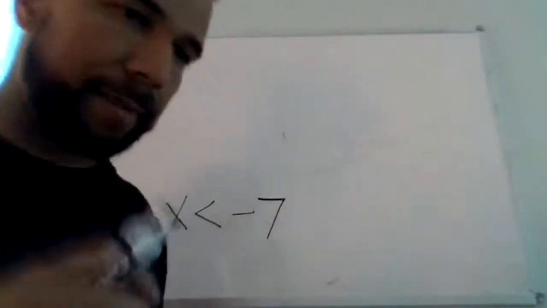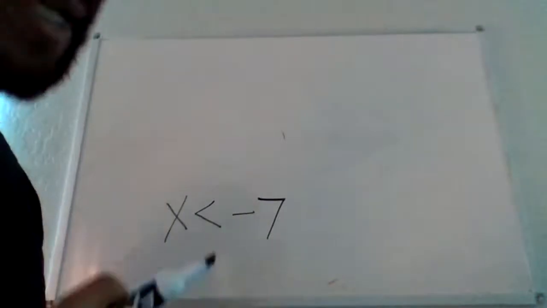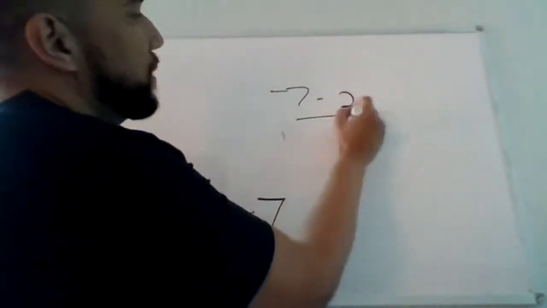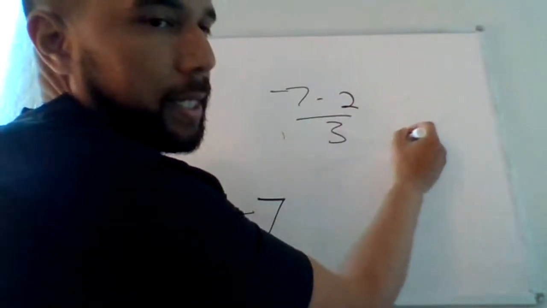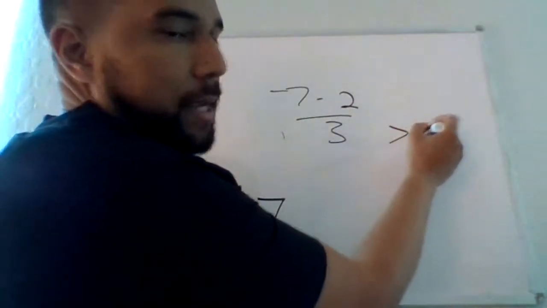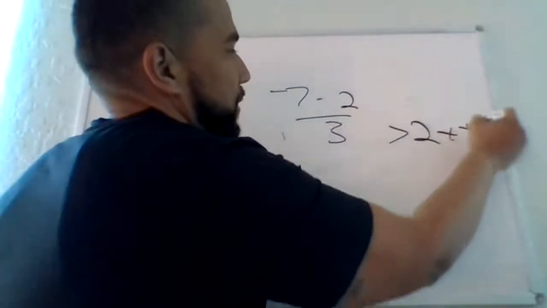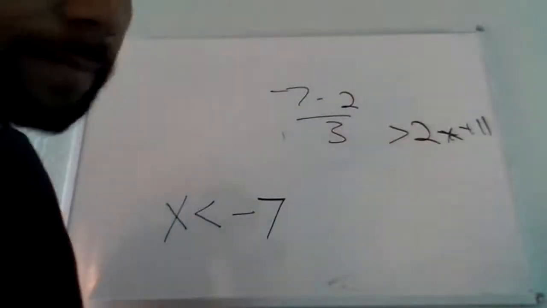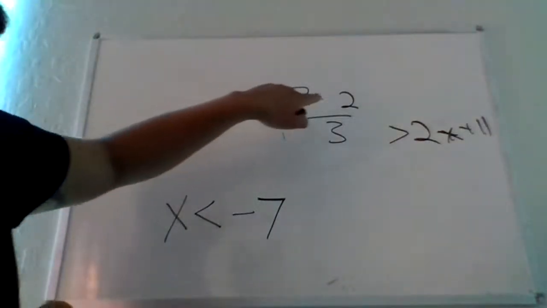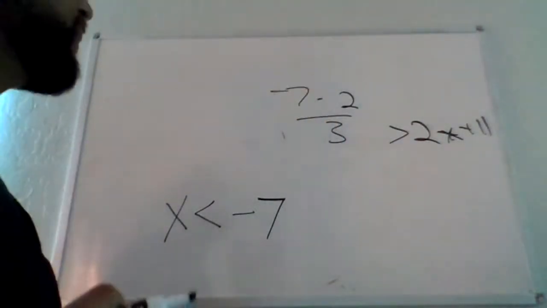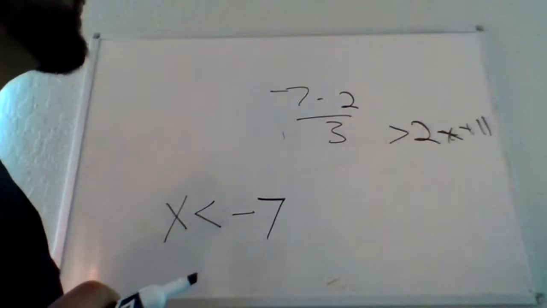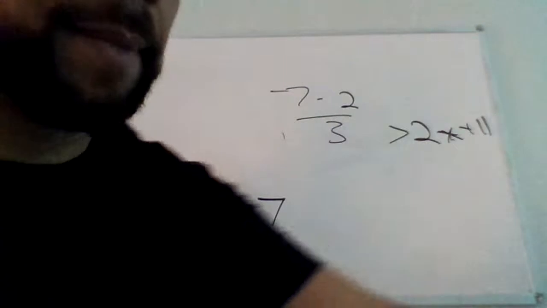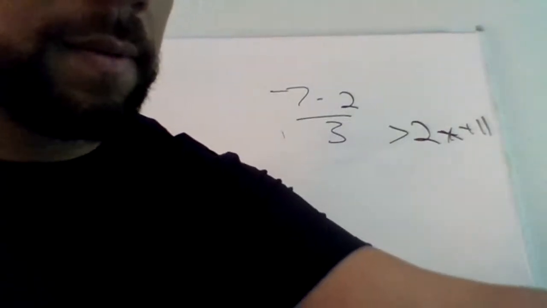How would we graph that? Well, is that even true? Let's see. Negative 7 minus 2, divided by 3, is greater than or equal to 2x plus 11. We're just checking it right now, by the way, to see if it's true.